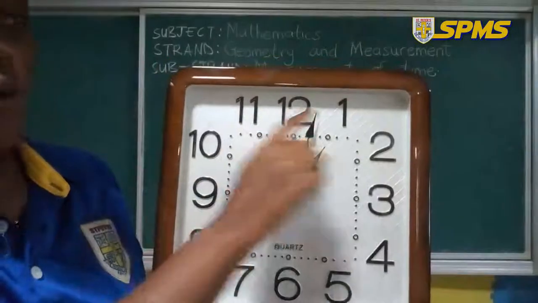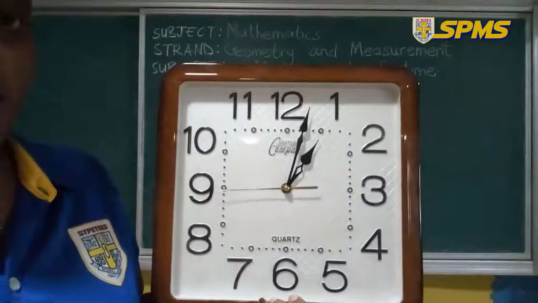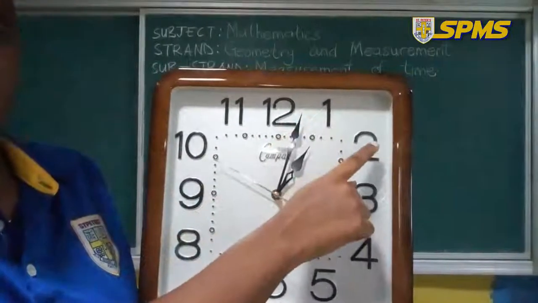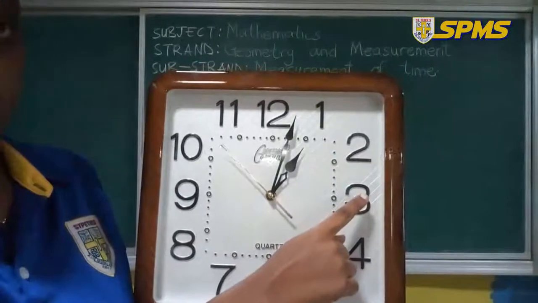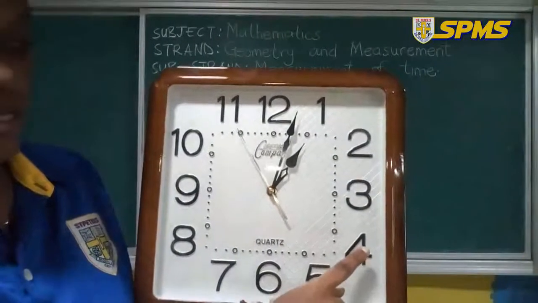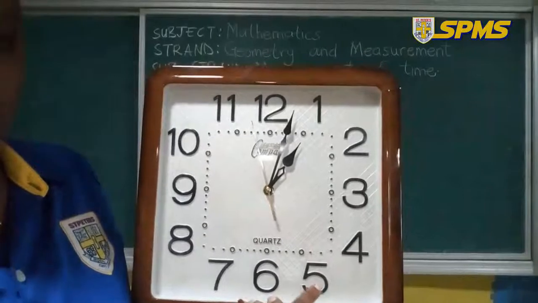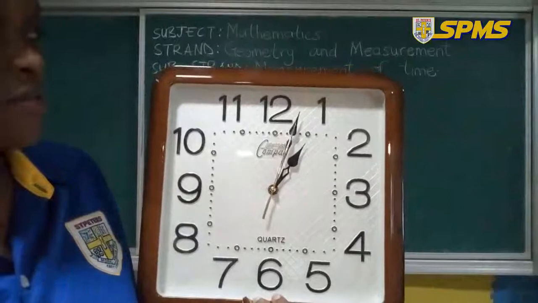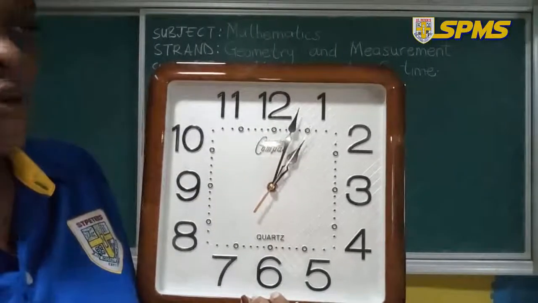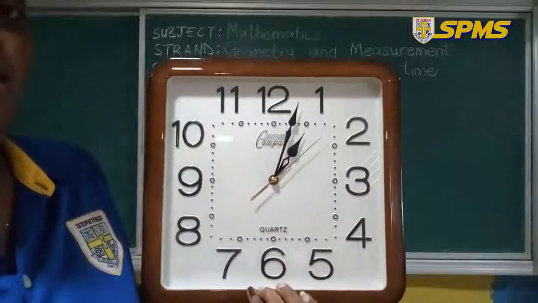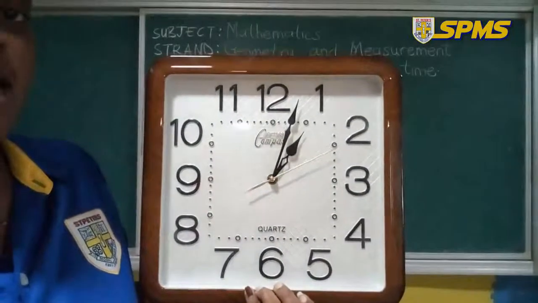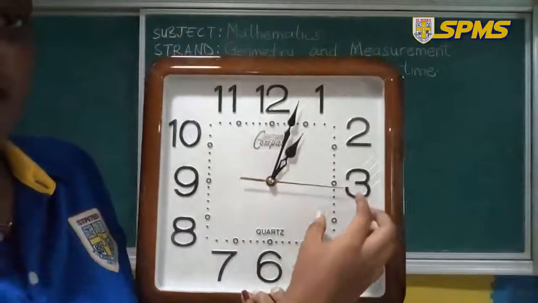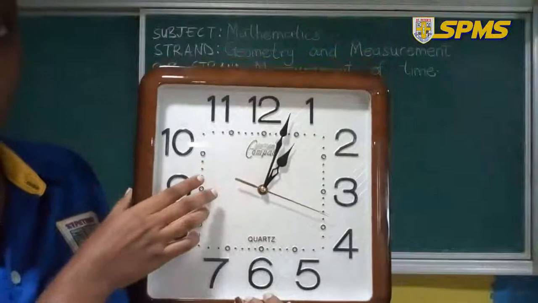So from 12 to 1, we have 5 minutes. So 1 is 5 minutes, 10 minutes, 15 minutes, 20 minutes, 25 minutes, and then 30 minutes. So we are right. Therefore, we can say that one part of the clock gives us 30 minutes. So 30 here, another 30 here.